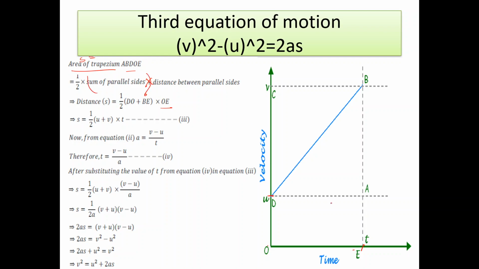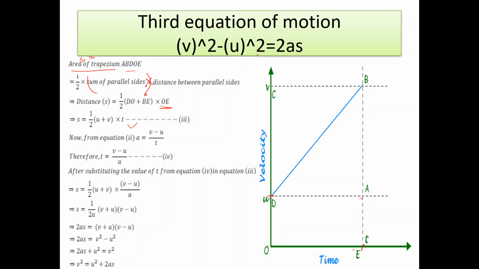That is the distance between the two parallel sides, or you can say the height of the trapezium. So you get S is equal to half. What are the two parallel sides? OD and BE, into OE, that is the height. S is the same equation you got.